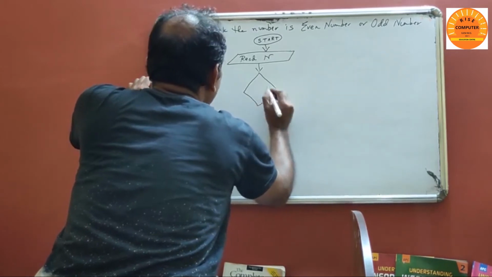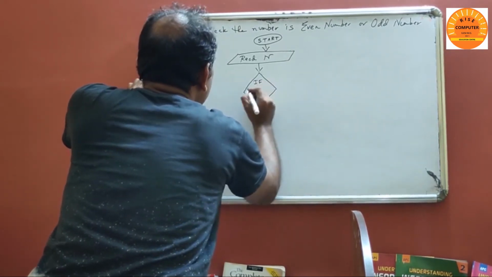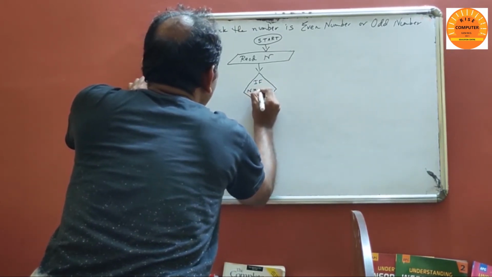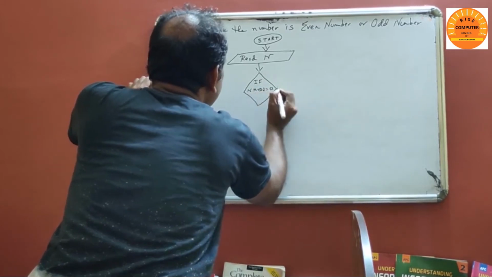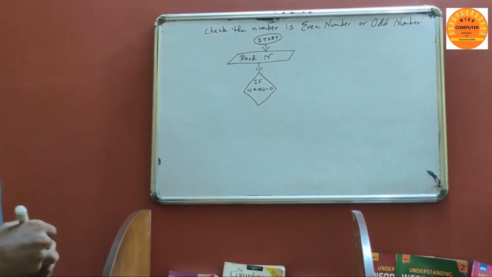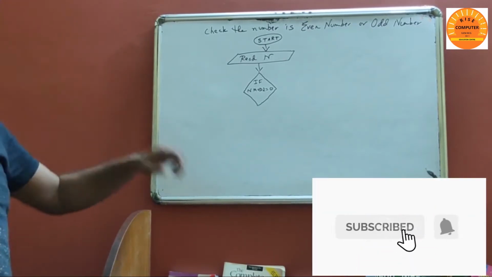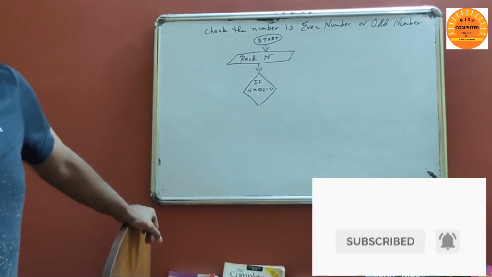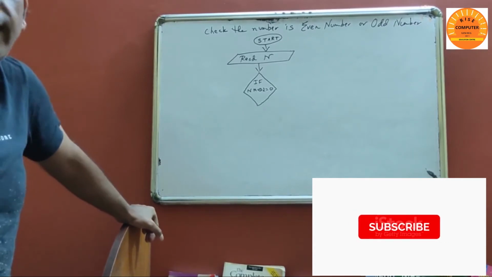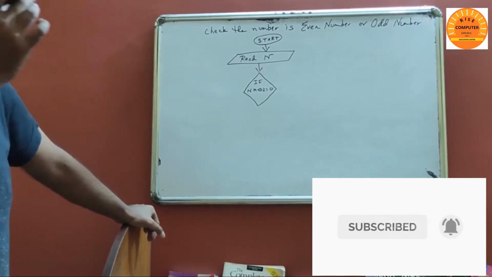Inside the decision box, we write the condition: if n mod 2 equal to 0. Mod means modular function, that is the remainder function. That means when the remainder is 0, it will be an even number.